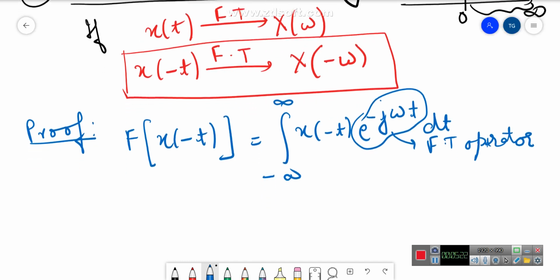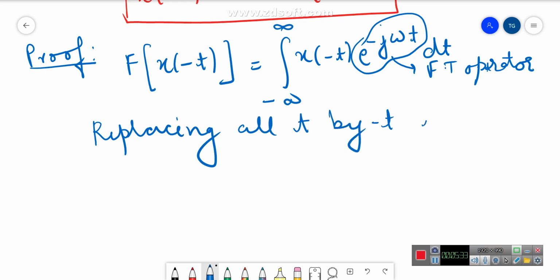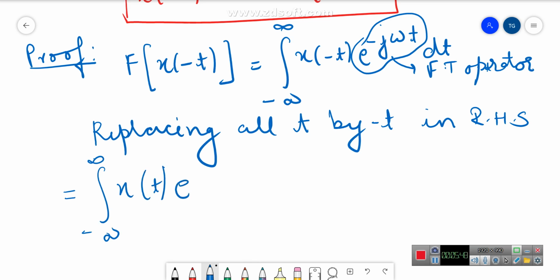Now replacing all t terms by minus t in the right hand side of this equation. Wherever there is t, we have to replace it with minus t. So this can be written as the integral from minus infinity to infinity, then minus t will become t here, and in the exponent, where it is only t, this will become minus t.